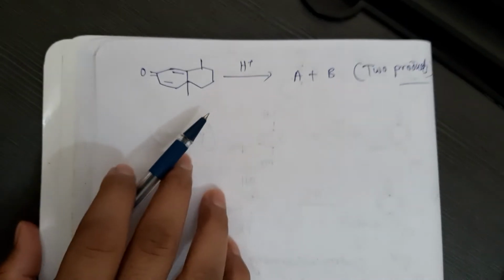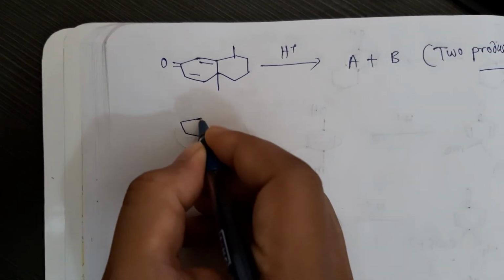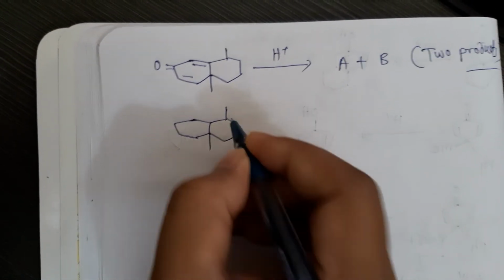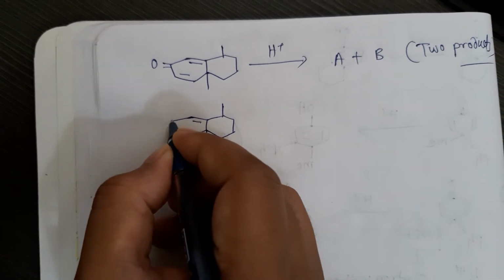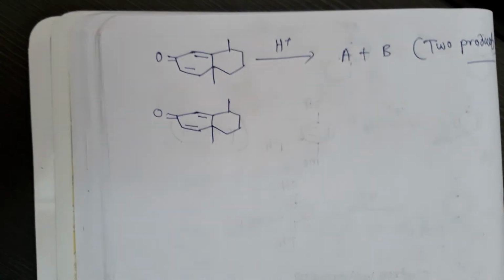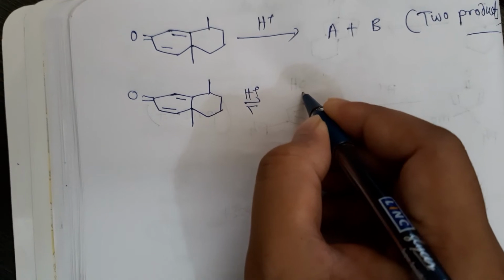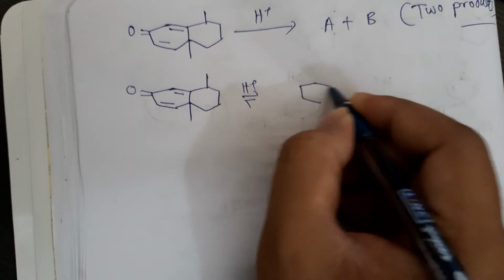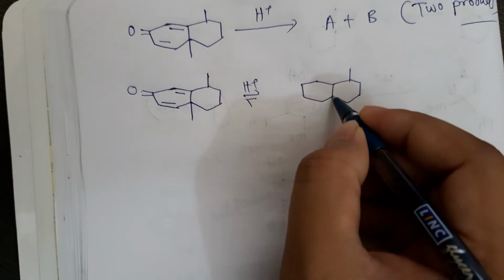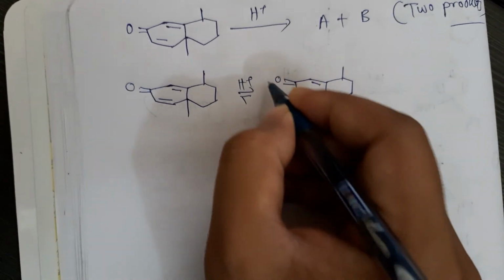Here two possibilities are there. See the mechanism, that will be easy. Methyl, here methyl, double bond O, here double bond O. So if we give H plus, double bond OH plus.